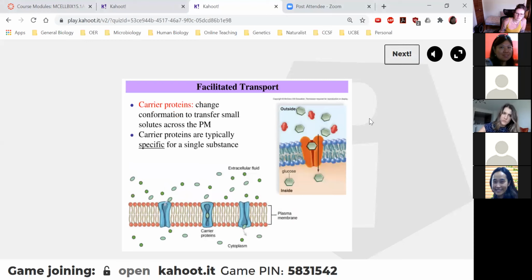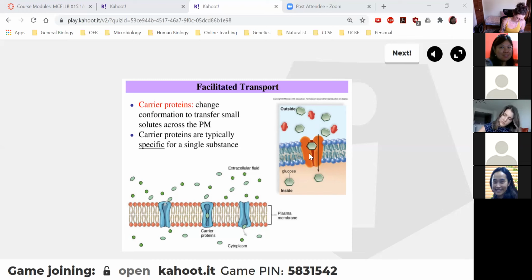The carrier protein, in general, can change its conformation. This again is a picture of a glucose transporter. It can bind to glucose. There's higher glucose concentration on the outside, so it binds to glucose and then changes conformation. Then on the other side of the membrane, it can release glucose into the cytoplasmic side.